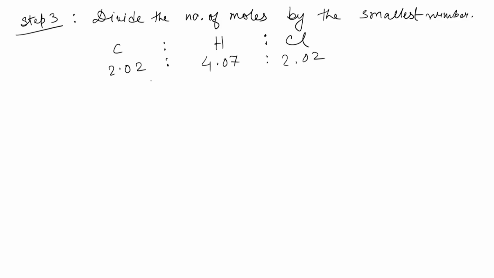What is the smallest number among these three? 2.02, right? So, we will divide all of these numbers by 2.02. So, this is 1 is to, this becomes 2.